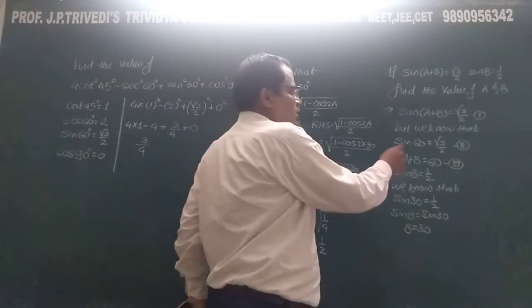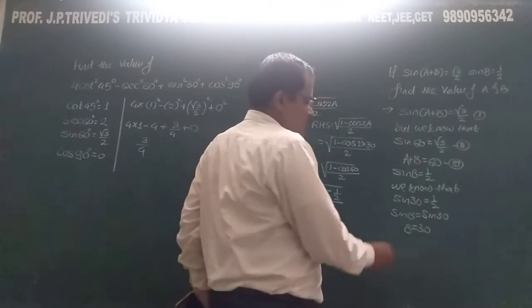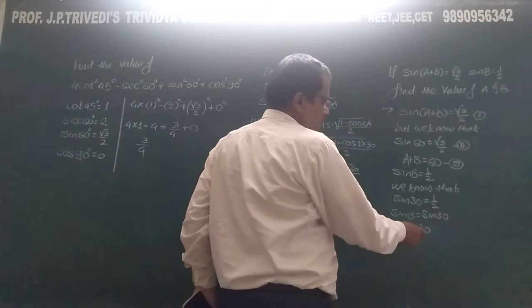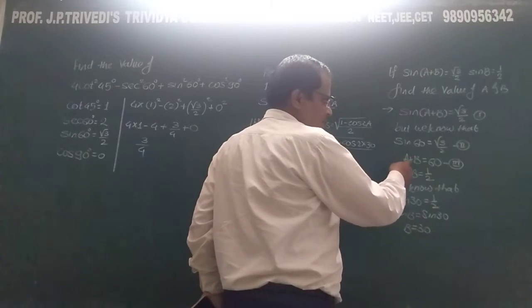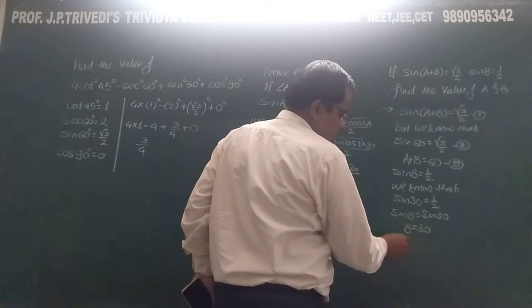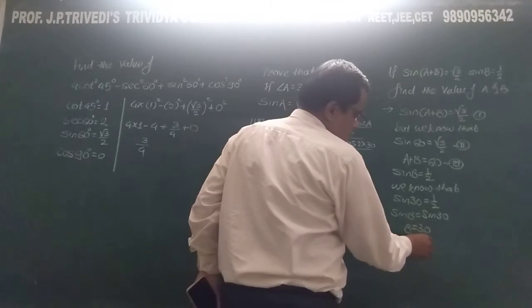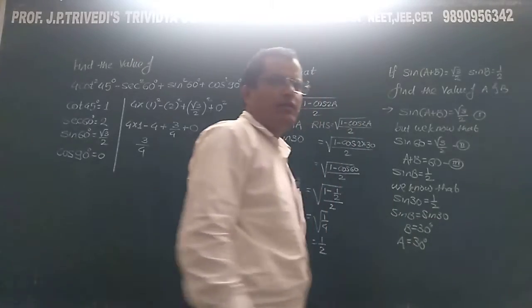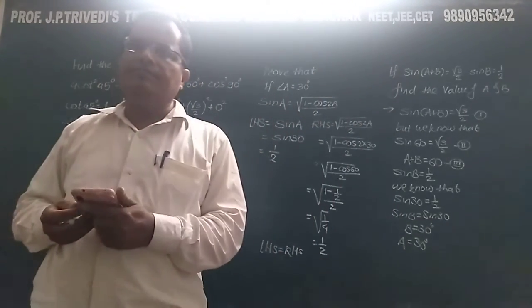If b is equal to 30, then what is a? We put b equal to 30 in this equation: a plus 30 is equal to 60. As a result, a is also 30 degree. Do you understand this? Write this.